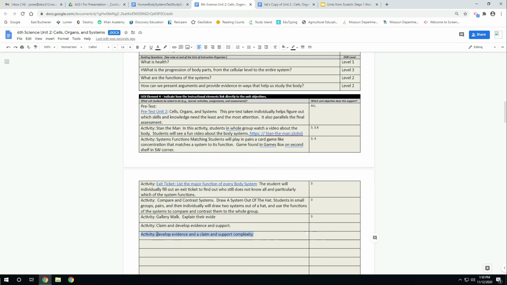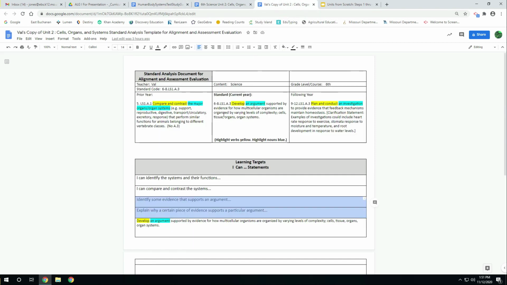My verb on the activity says develop evidence and a claim and support that about complexity. So develop evidence for a claim and support that evidence. So let's look at the actual standard. Develop an argument supported by evidence. And it's about the complexity. So that is parallel.